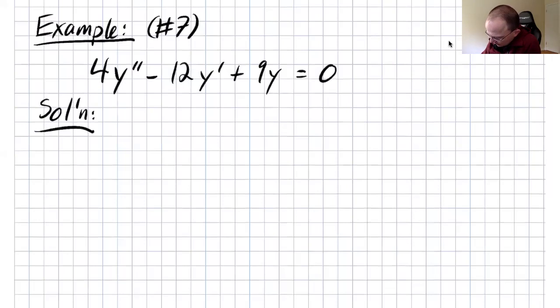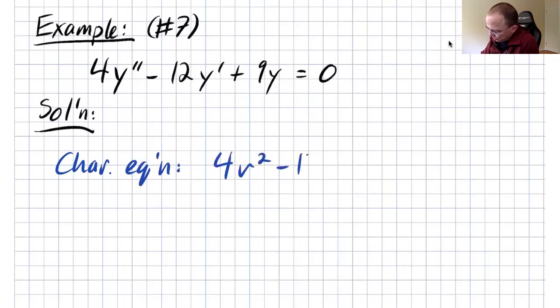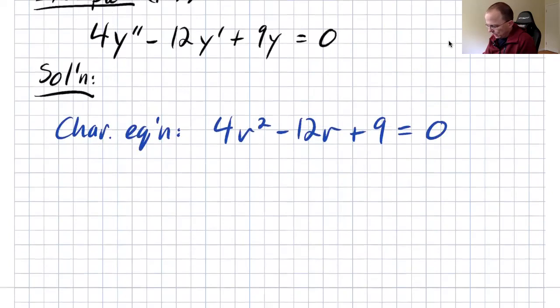So here the characteristic equation is going to be 4r squared minus 12r plus 9 equals 0. Okay, well, this is a little bit more tricky to factor to find the roots.